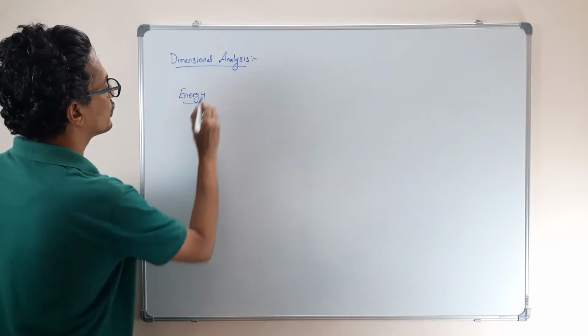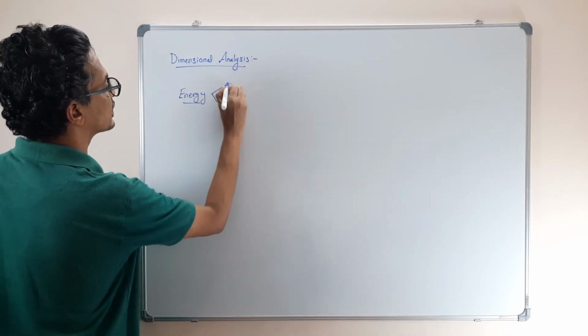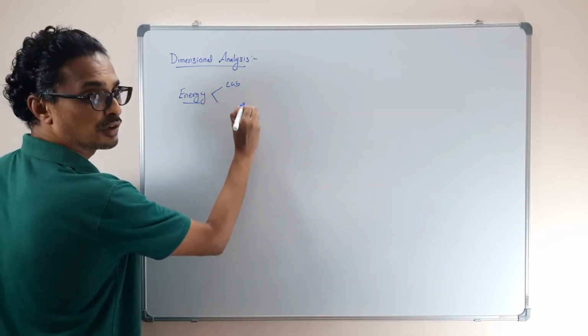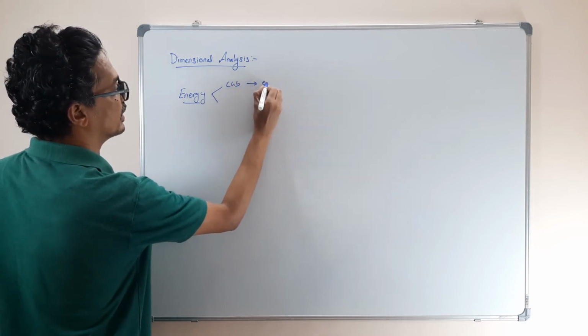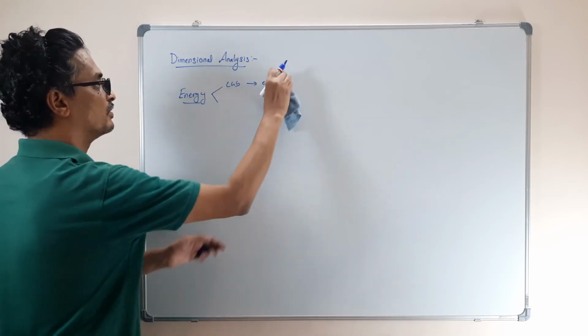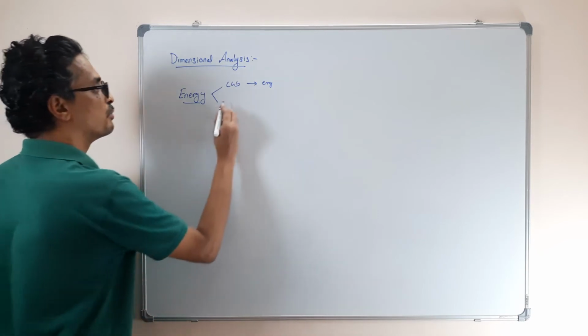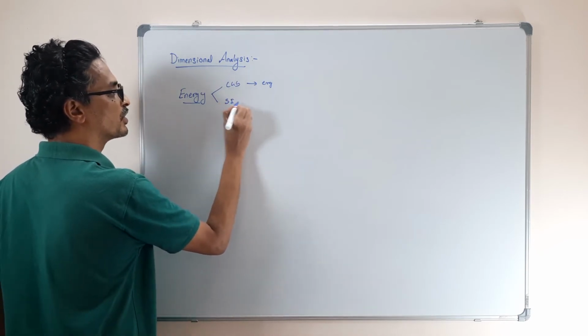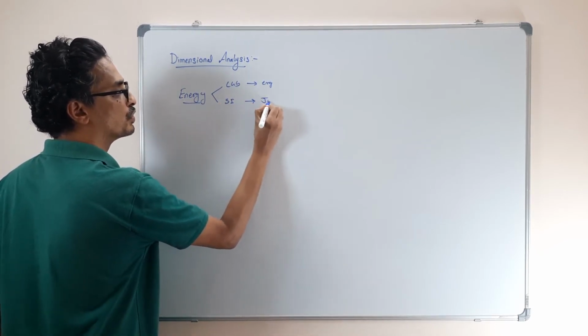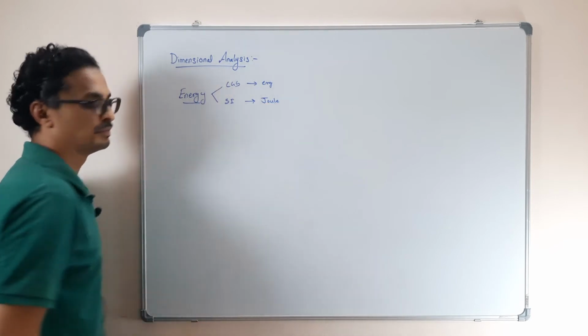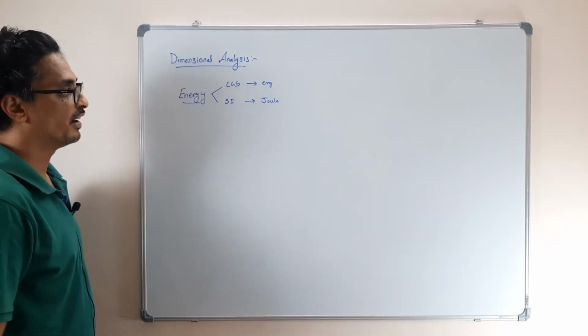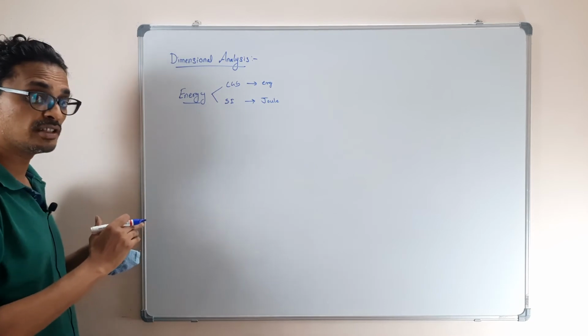The unit in CGS is called the erg. In the MKS or SI system, we call it the joule. And what will be the dimension of energy?